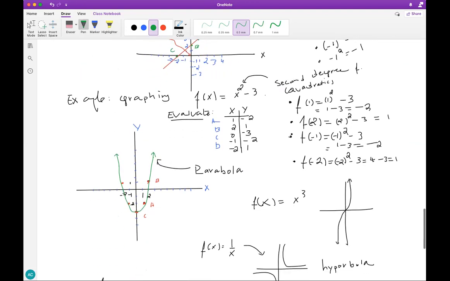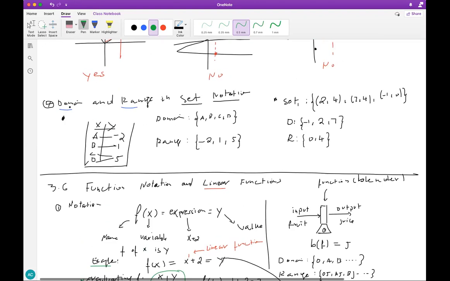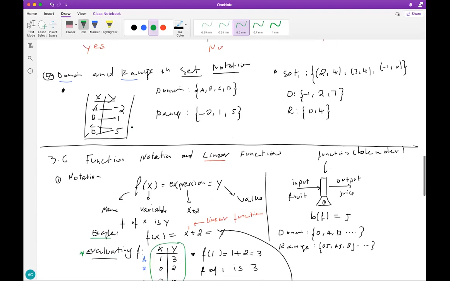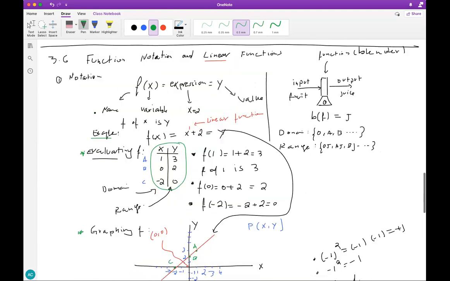Next class, I'm going to talk about domain and range in detail. We're going to see when and where for certain functions we're not allowed to use certain values. We can't plug in some values. It's like, I don't know if it's a scientific analogy, but something you can't plug into a blender.